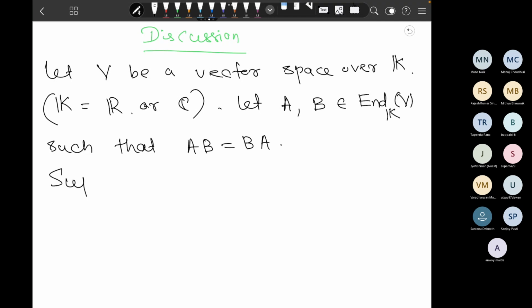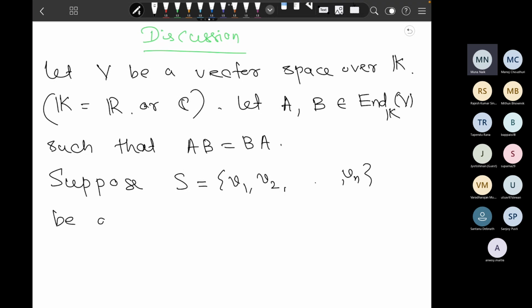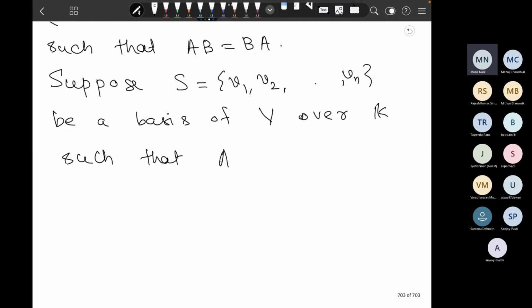Suppose S equals {v_1, v_2, ..., v_n} is a basis of V over K such that B(v_i) is equal to lambda_i v_i for 1 ≤ i ≤ n, and lambda_i not equal to lambda_j for i not equal to j.